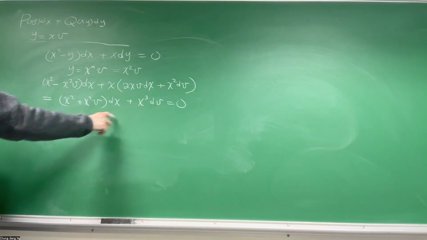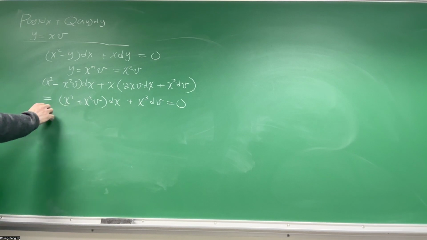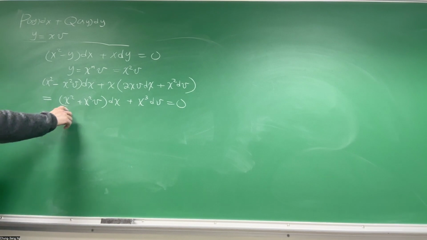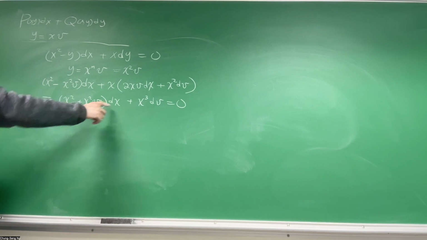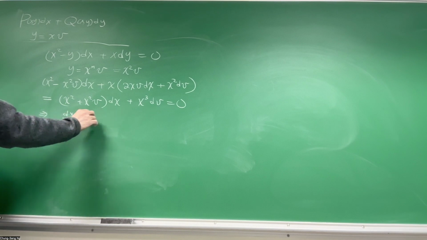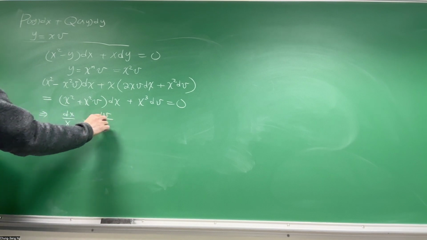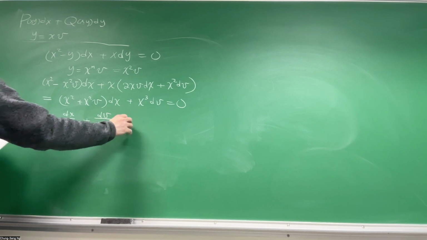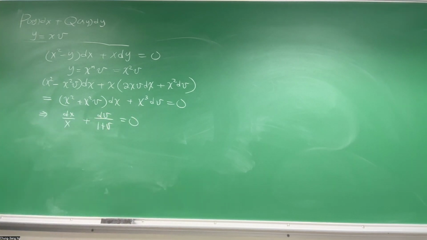So this implies x squared out divided by x cubed, so dx over x plus dv over 1 plus v equals 0.